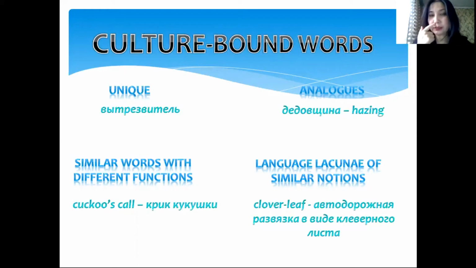The next type is similar words with different functions. Here we say about similar words and phrases, but different communicative functions. For example, cuckoo's call. Cuckoo's call is asked for by an American girl when she wants to know when she will get married.